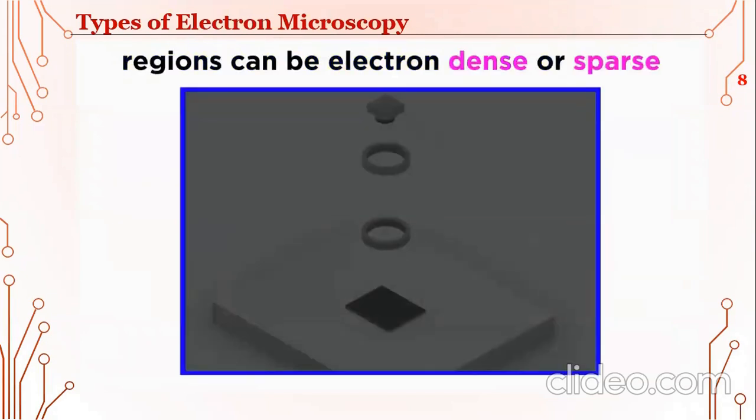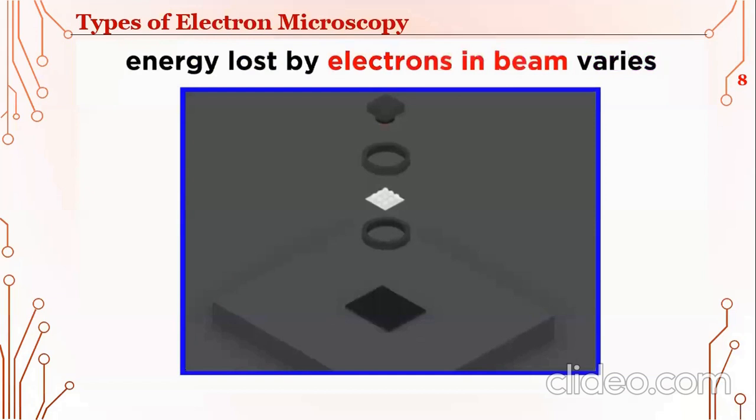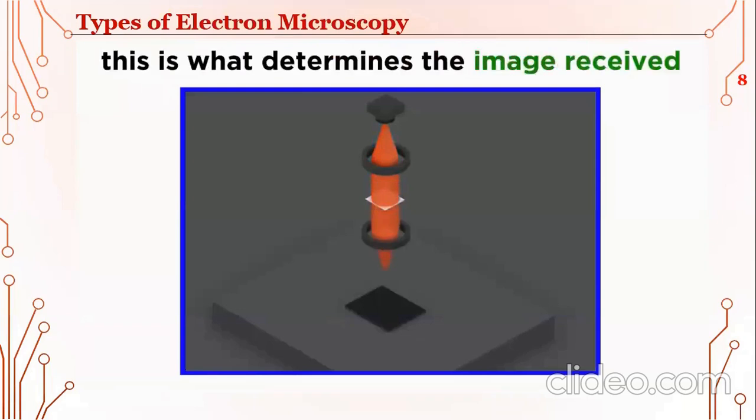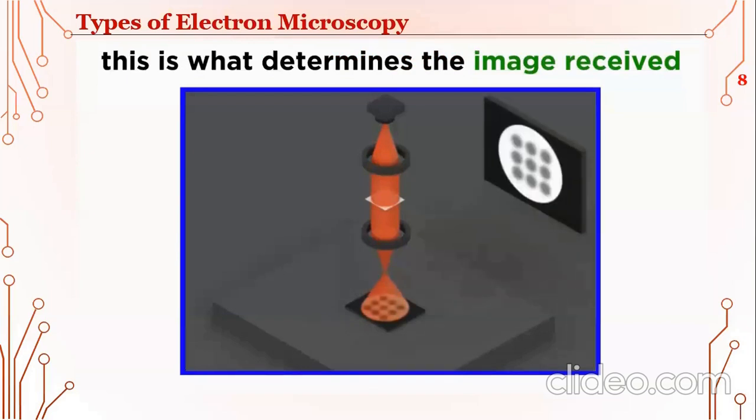Certain structures within the specimen will take up more of the stain than other parts of the specimen, and those sections are called electron-dense regions. When electrons pass through electron-dense regions, they lose more energy compared to when they pass through sparser regions. This phenomenon is used by TEM to visualize the specimen at high levels of resolution and magnification.